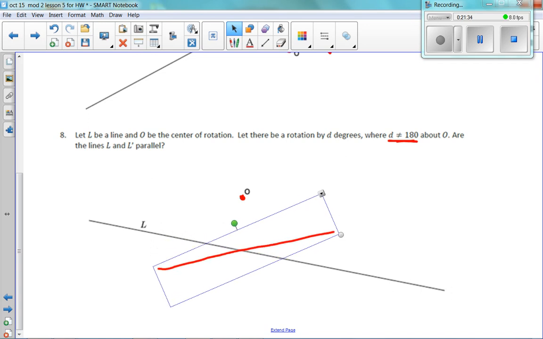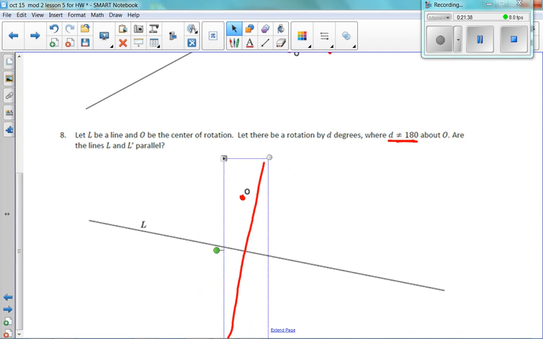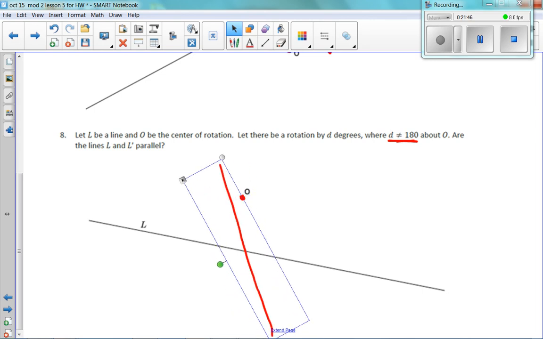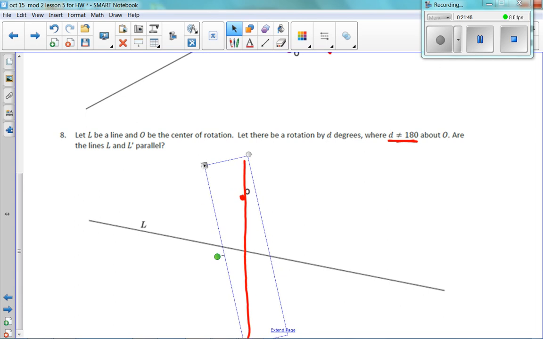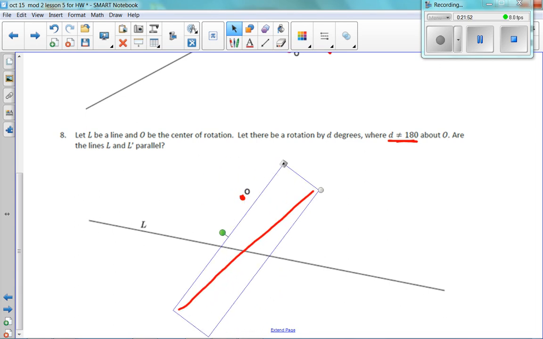I can rotate it counterclockwise. It's not 180, I'm doing 90. Are they parallel? Is the image parallel to the pre-image? No. What if I keep going? Still not parallel. What if I go in the opposite direction? Not 180 degrees. It's still not parallel.